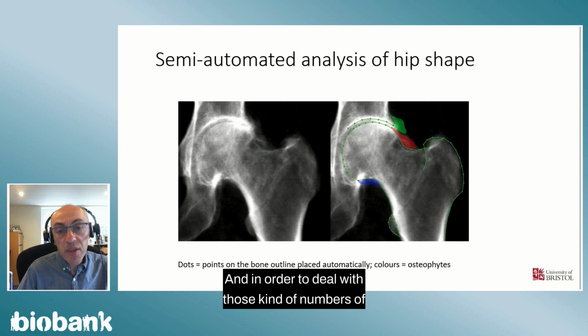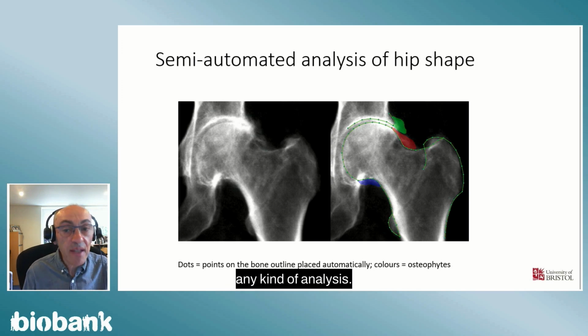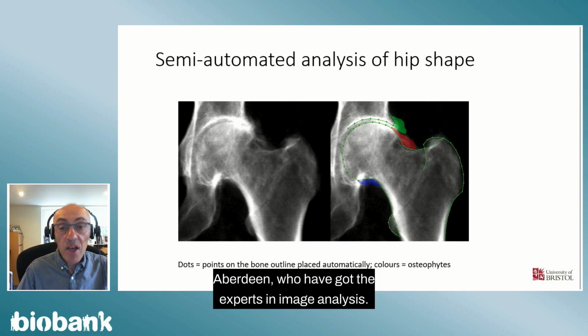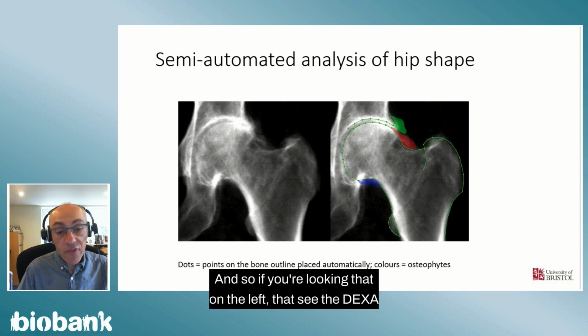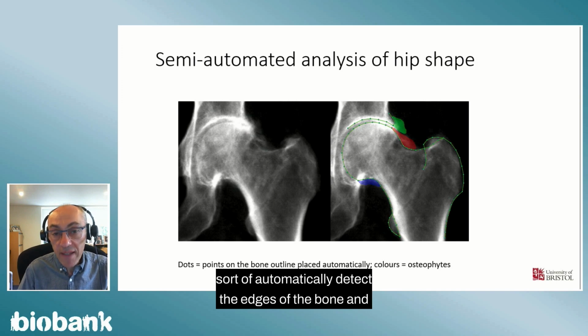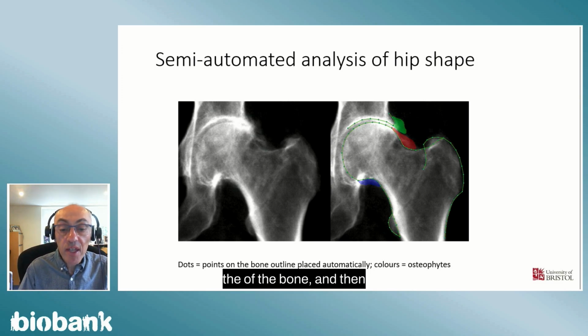In order to deal with those numbers of images, you really have to be able to automate any kind of analysis. So we teamed up with the universities of Manchester and Aberdeen, who have the experts in image analysis. On the left, that's the DEXA image of a hip, but then this software can automatically detect the edges of the bone and put these dots around the surfaces of the bone.